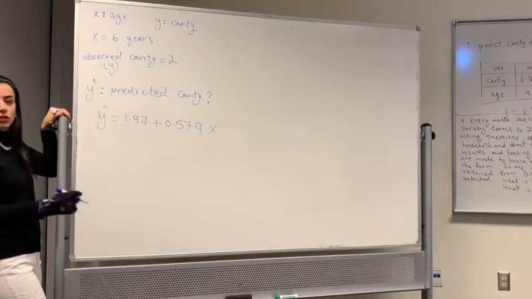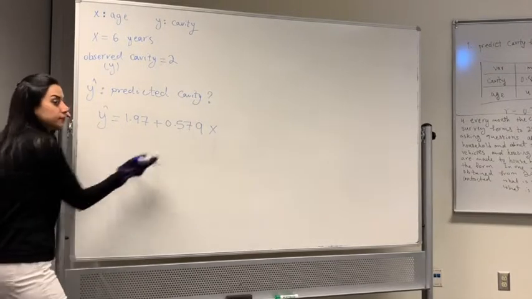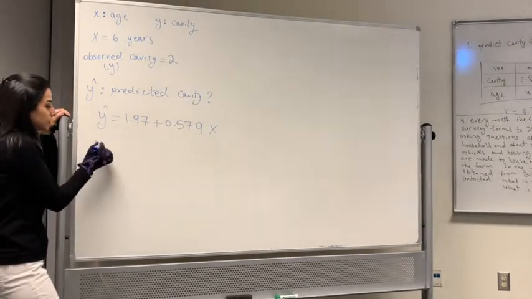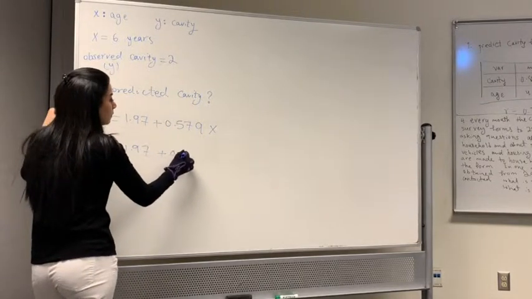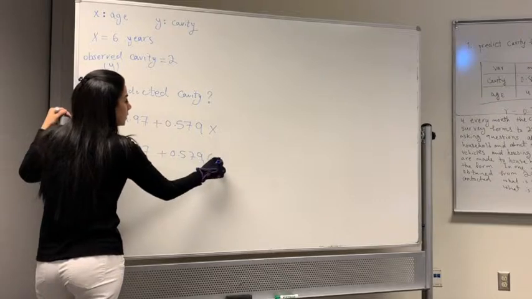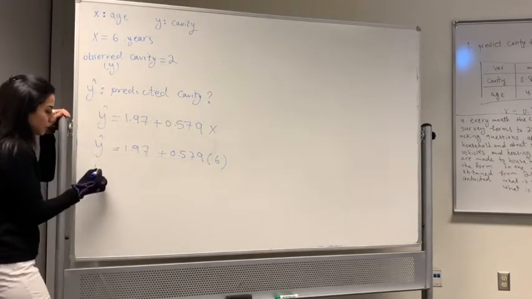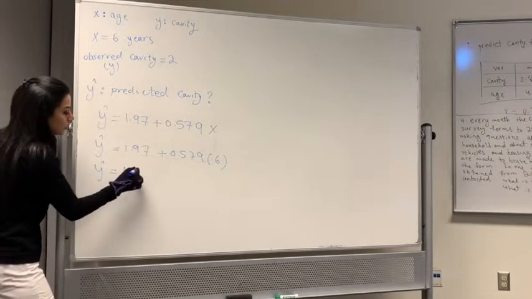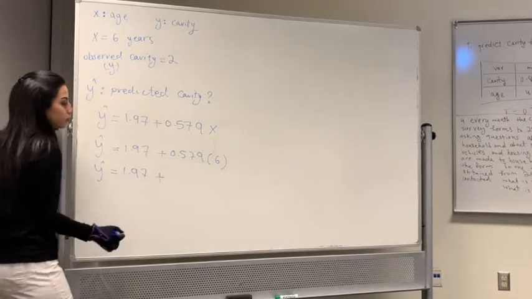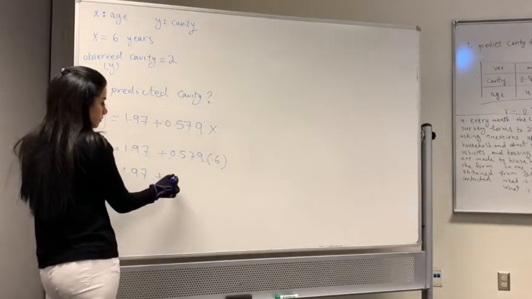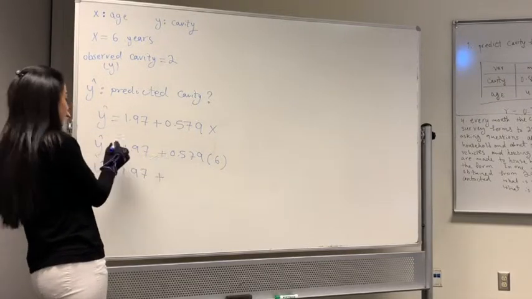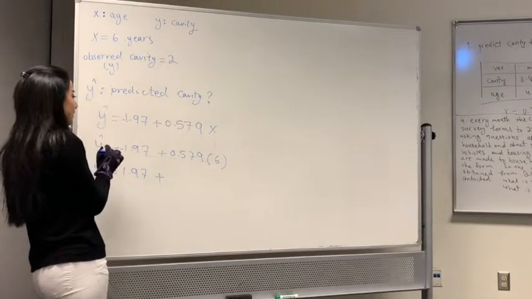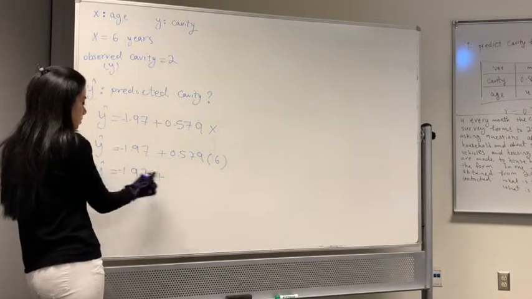Correct? So what do we write down for X? 6. So Y hat is equal to 1.97 plus 0.579 multiplied by 6. Oh, okay. You have a negative intercept, right? So what is this part?